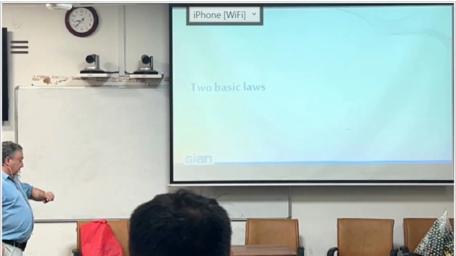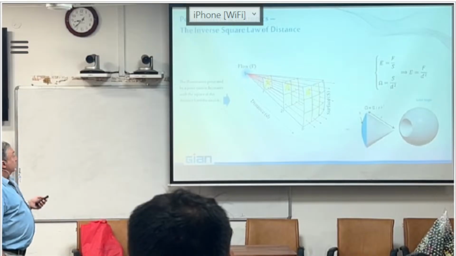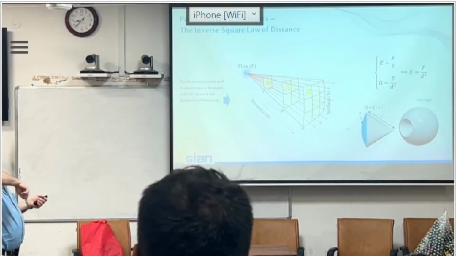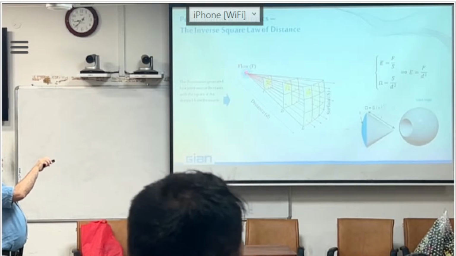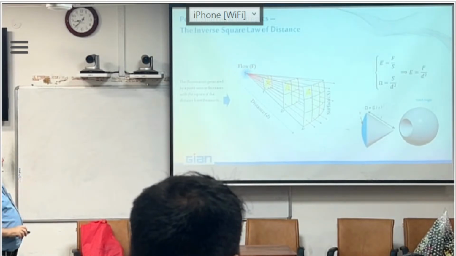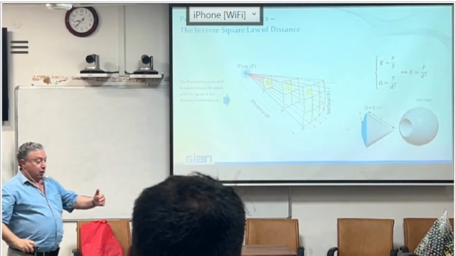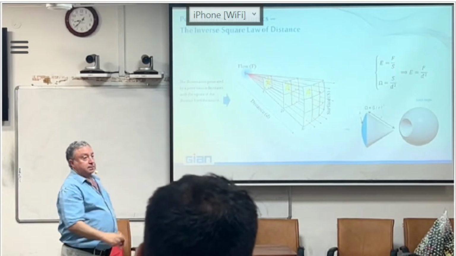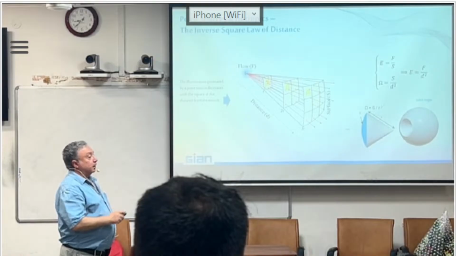A few words about the basic laws. The first one is valid for a point source, which emits light isotropically everywhere in space. If you have a point source with a flux of F, then at 1 meter you will have F over S. Say you illuminate 1 square meter of surface, you will have 1 lux.